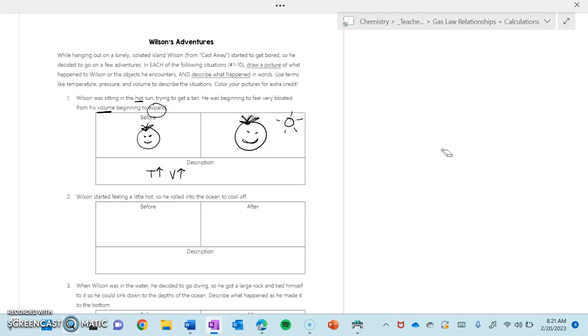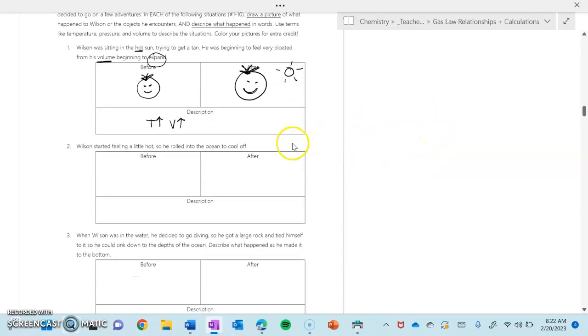The reason that the gas laws will work on Wilson is because he's a volleyball, so he has gas particles in his body, if you will, or his head. So as the temperature increases, the volume increases. And there's your cute little picture. You can add more detail if you'd like. Put him on the island or just show the example of what's happening.